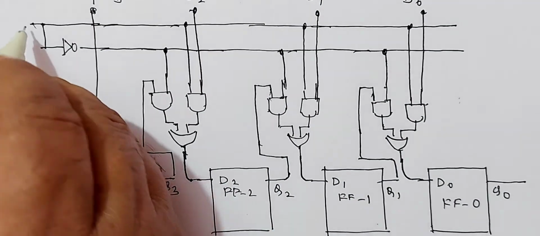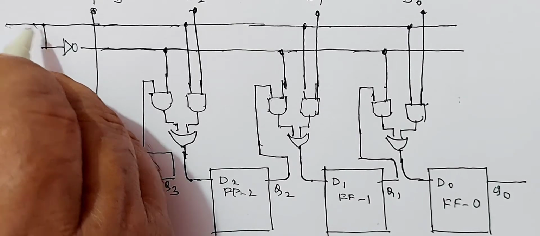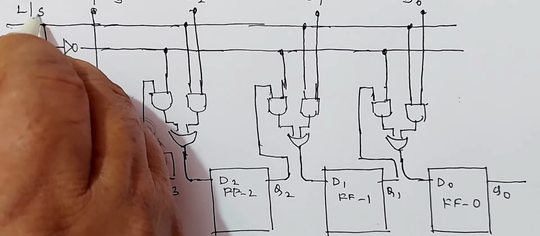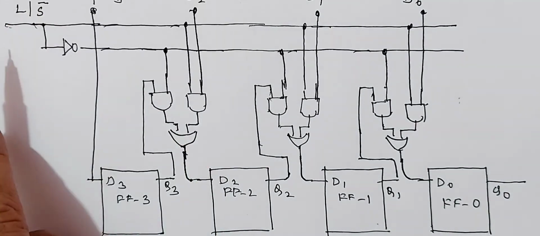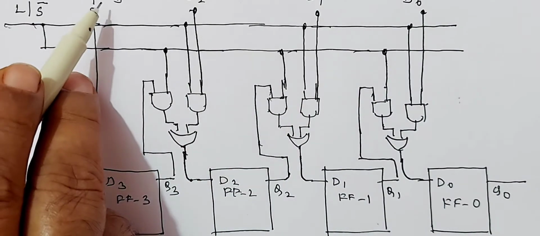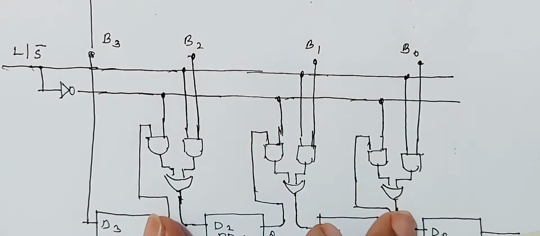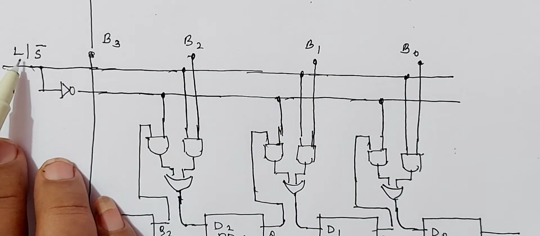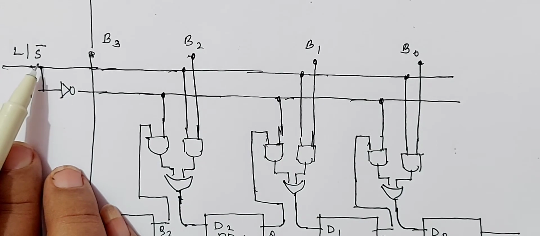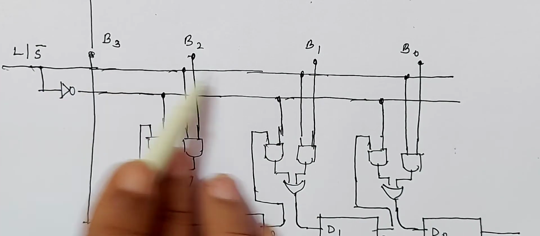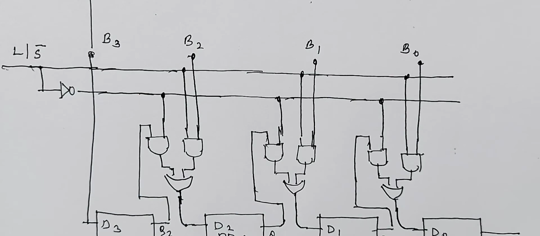And I will mention this line as load bar shift S bar, because this is the line through which we can load these values B3, B2, B1, B0 into all the flip-flops. Therefore, this line is called load. It is also a shift line because using this line you can get the output one by one.